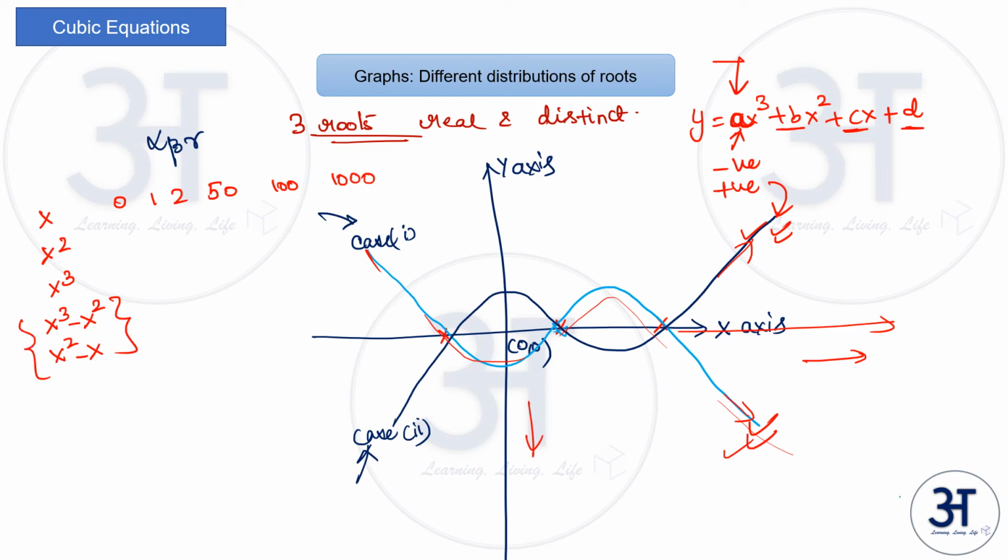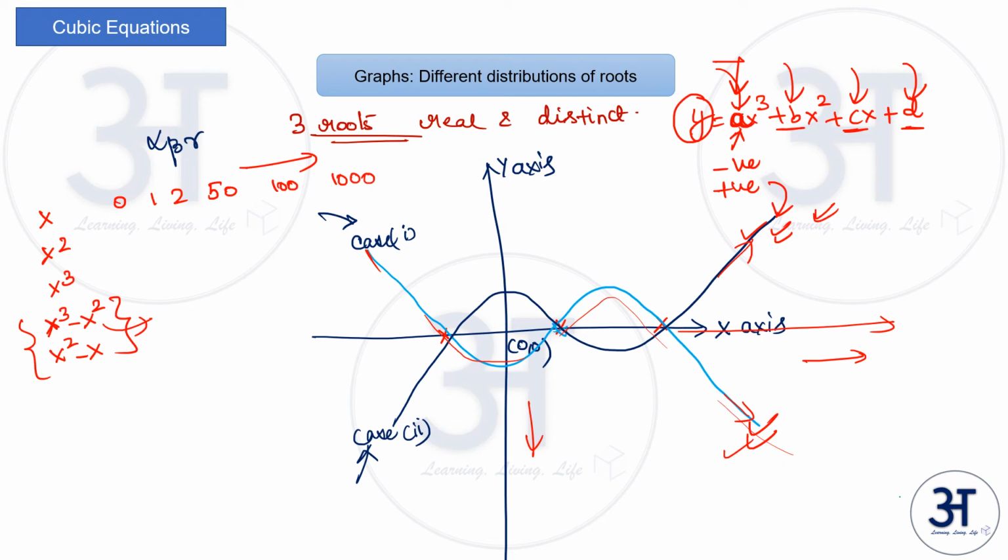If x reaches very high values, these differences also become very high. So irrespective of the sign of b, c or d, it is the sign of a that decides the sign of the y coordinate, right? You have to keep this in mind.